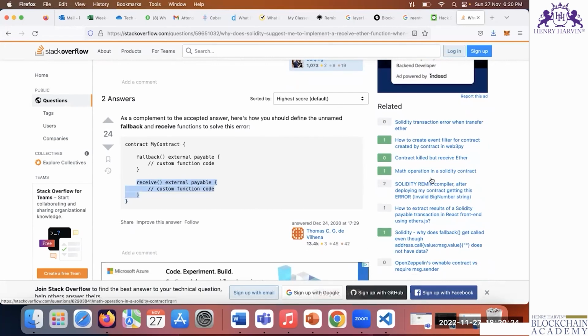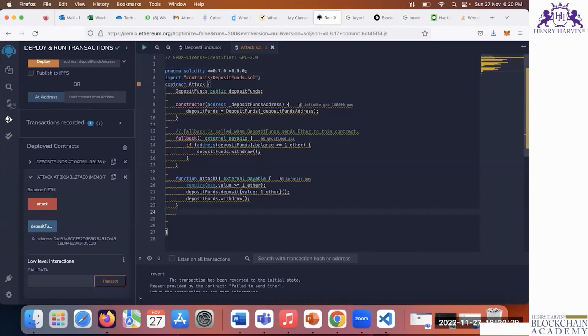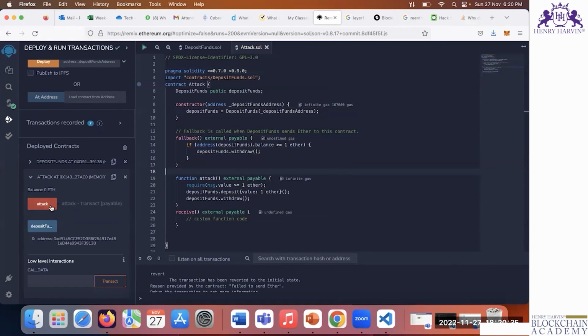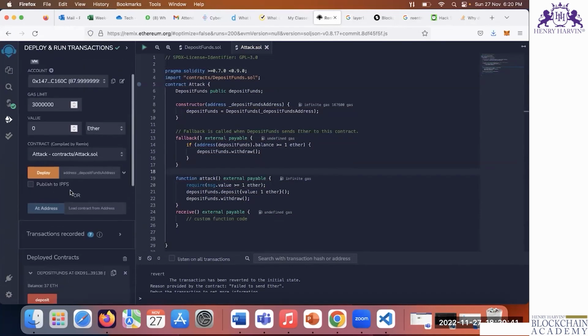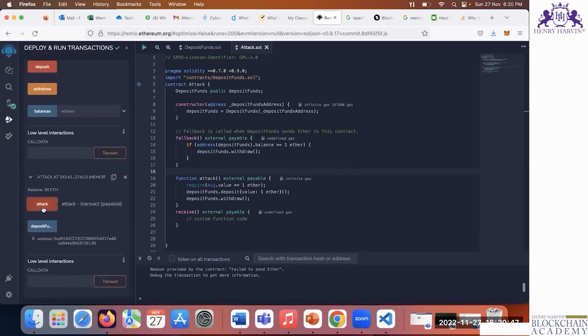Okay, to receive the Ethereum, we need to write this code as well. It is because this attacker contract doesn't have any Ether balance.